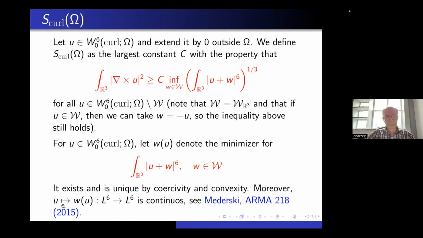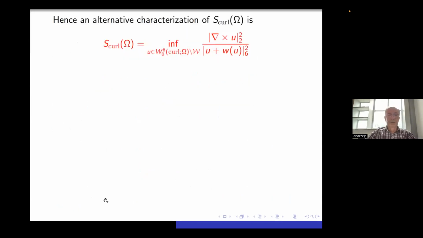And also u taken to W of u is continuous. And using this, there is an alternative characterization of S curl of omega. So we take infimum of u here, and we take curl u squared divided by u plus W of u.